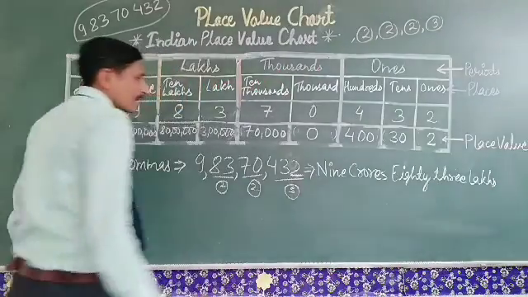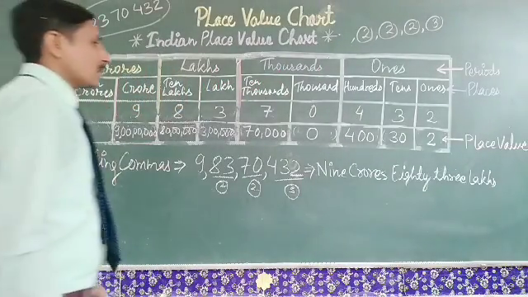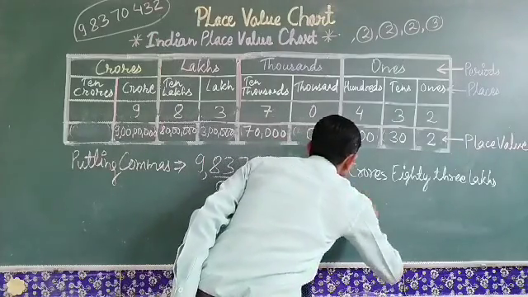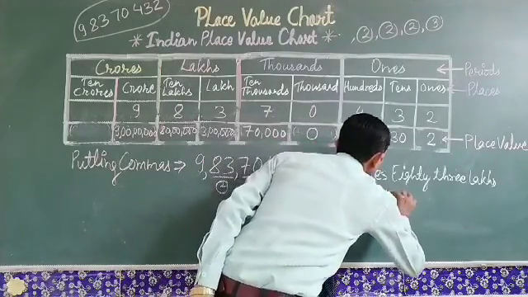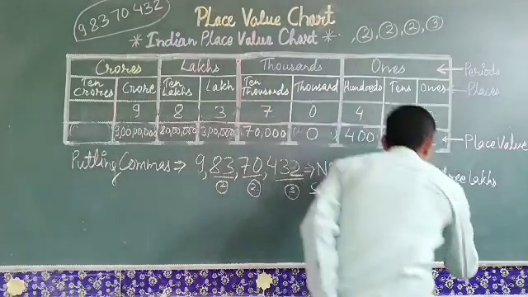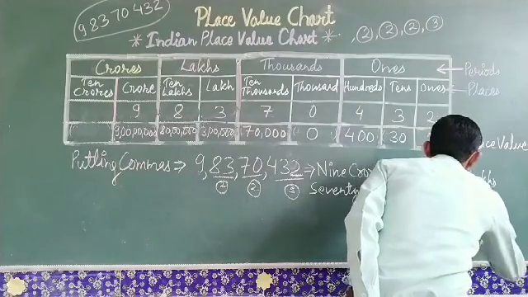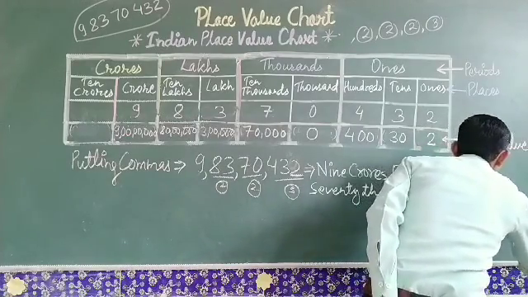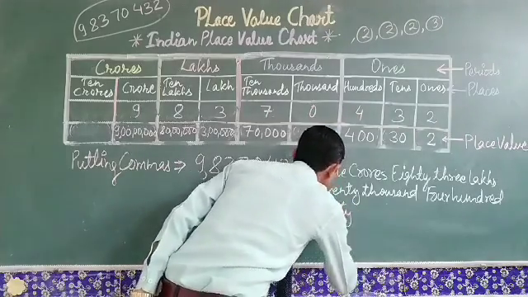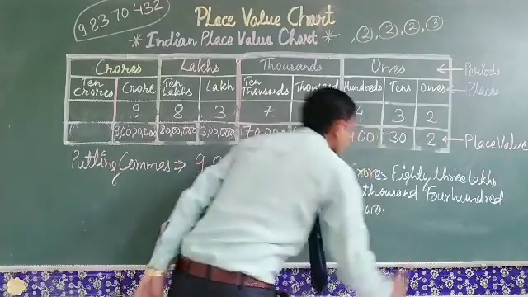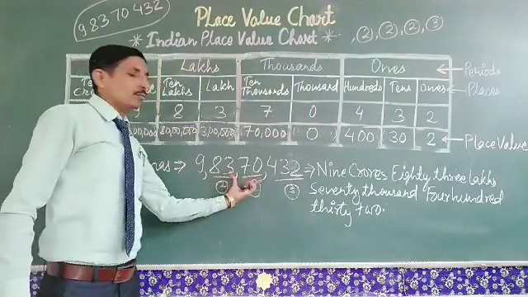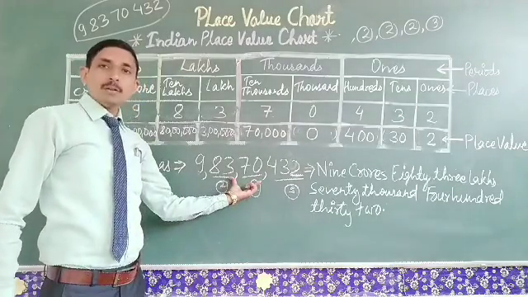9 crore 83 lakh, 70,432. So in this way we can express the given number in words in the Indian place value system.